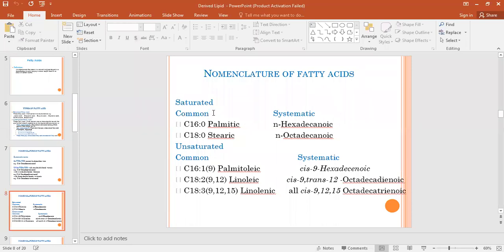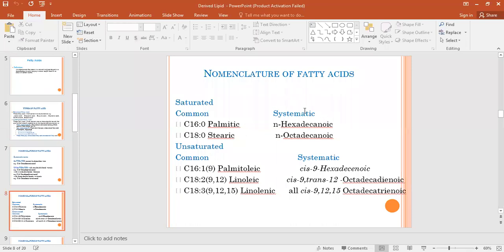And there is a common method of nomenclature of the fatty acids. In the common way, the C16 which has no double bond is known as palmitic acid, and in the systemic system, its name is n-hexadecanoic acid.